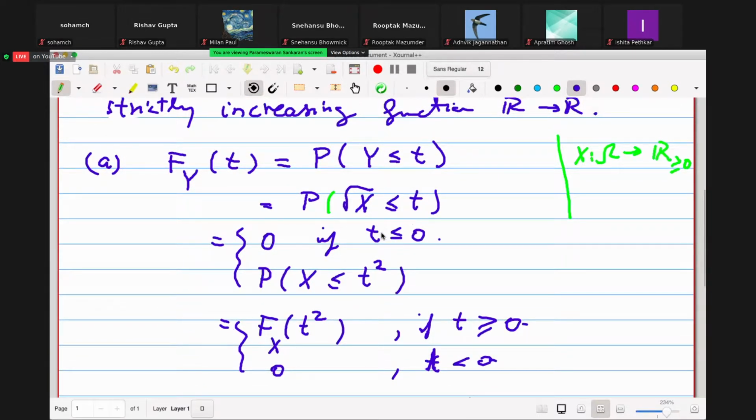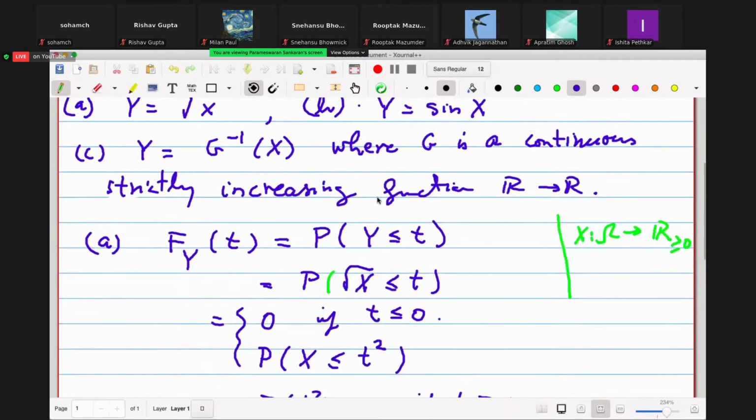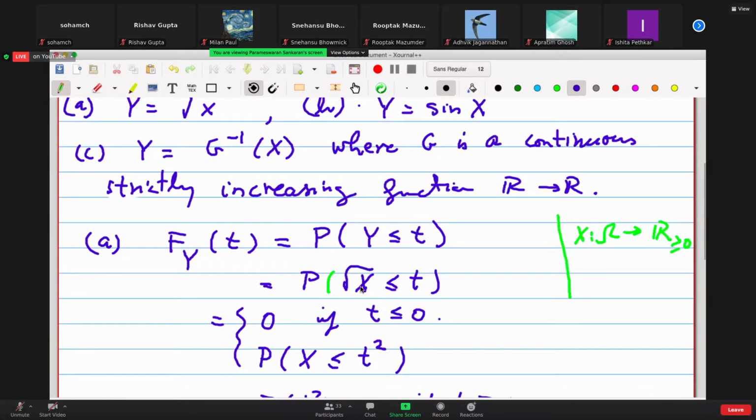Because, you see, X takes values bigger than or equal to 0, right? Suppose, for definiteness, t equals -5. What is square root of X? When is square root of X less than or equal to -5? It never happens. Square root always means positive square root, and you can only take square root of a number bigger than or equal to 0.